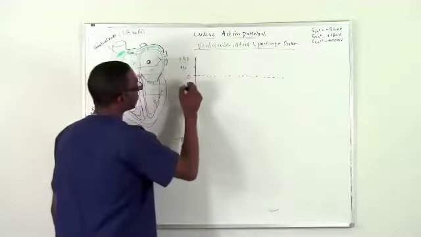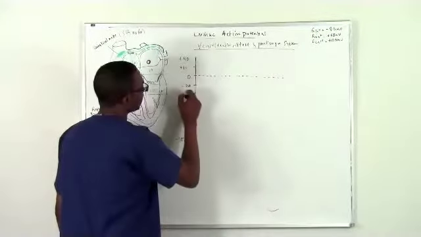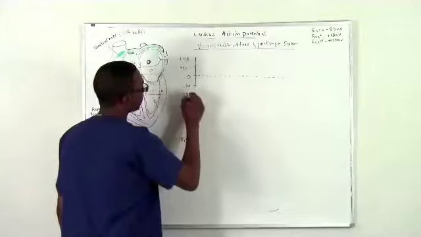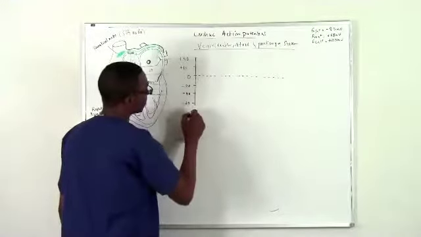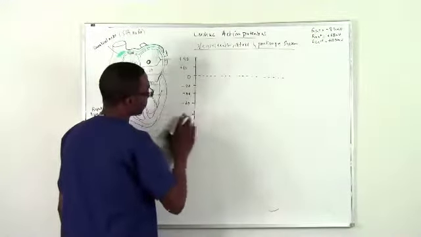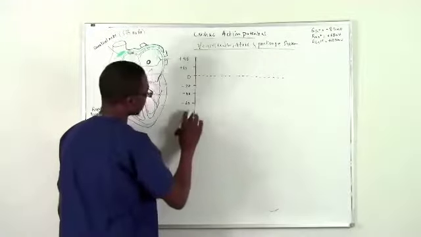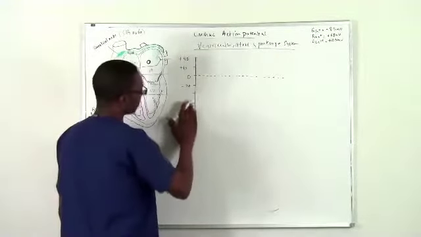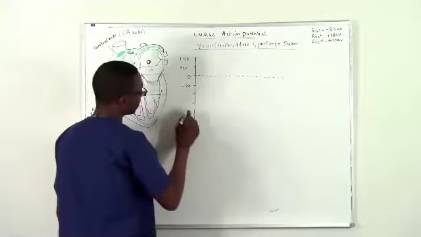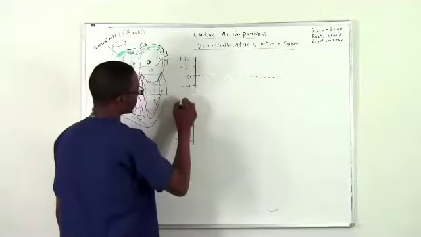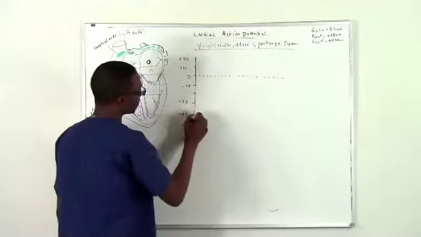And we've got 20, negative 20, negative 40, negative 60, negative 80. Actually, let's make it much bigger. Negative 80, negative 40, negative 60.